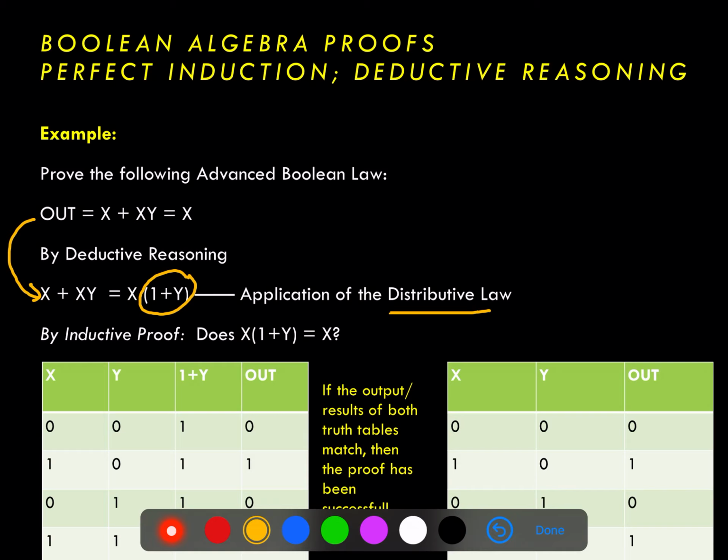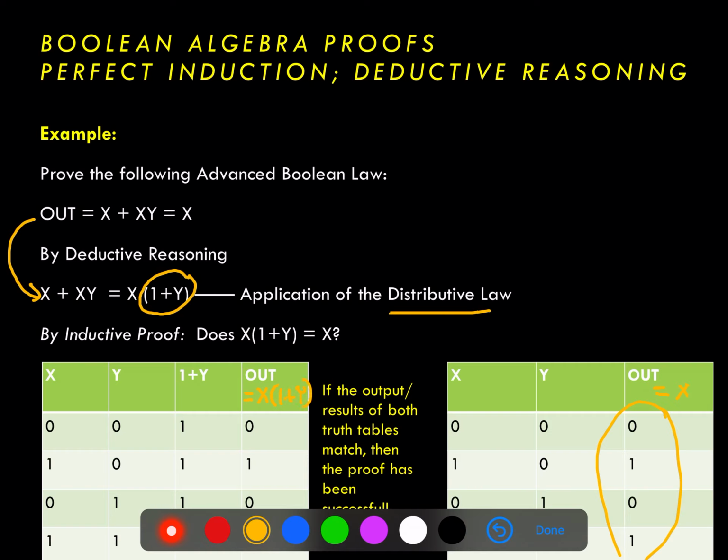Well, if we look down here at our truth tables again, we can see that x and 1 or y is indeed equal to x. In the rightmost truth table here, we've just copied x. And in the leftmost truth table, we've actually computed x and 1 or y.